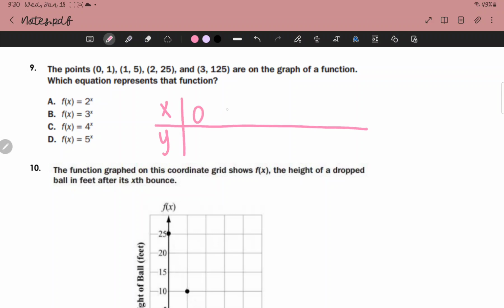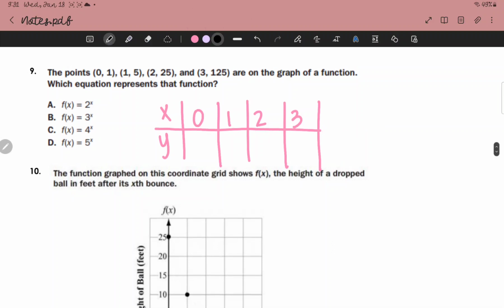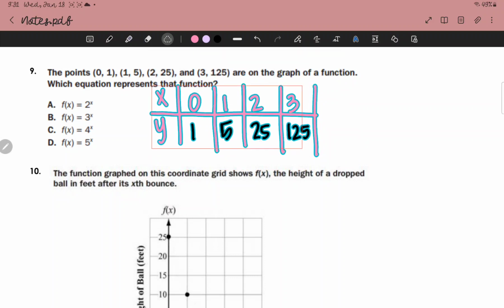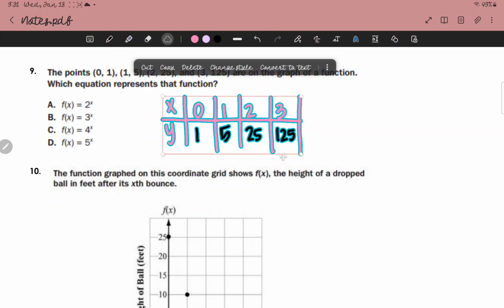We have 0, 1, 2, and 3 for our x's, and for our y values, they gave us 1, 5, 25, and 125. Okay, so I got that.